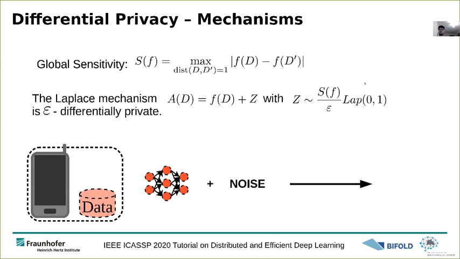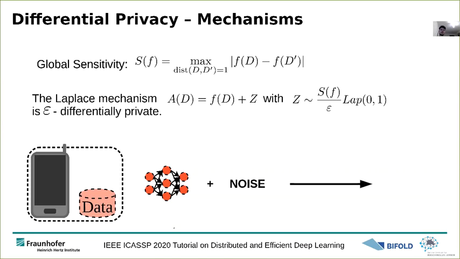So you add some noise term, and then you also have to scale this noise by the sensitivity of the function, which is basically just how much the function varies if you change something about the data set. And you scale it also by the epsilon parameter. And then this will give you a mechanism that is epsilon differentially private, so you are able to quantify the privacy loss by the method.